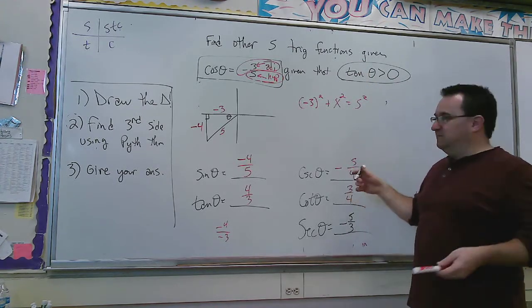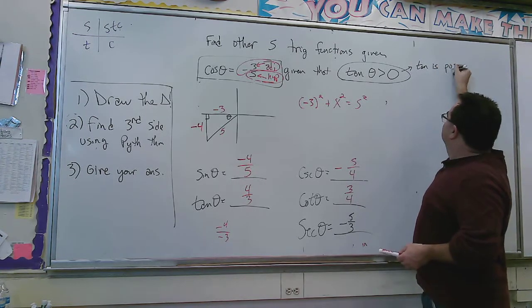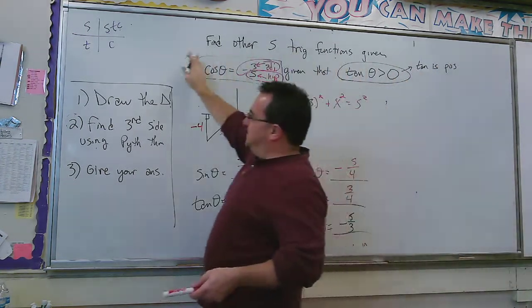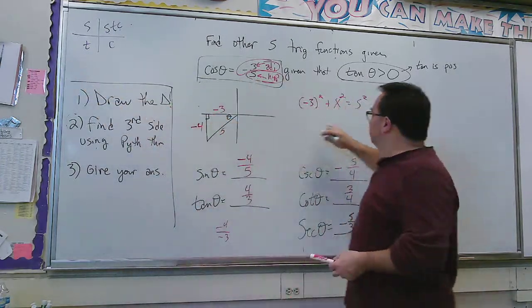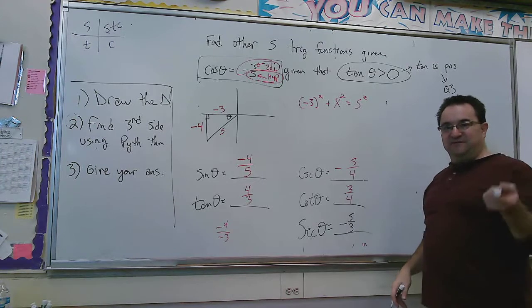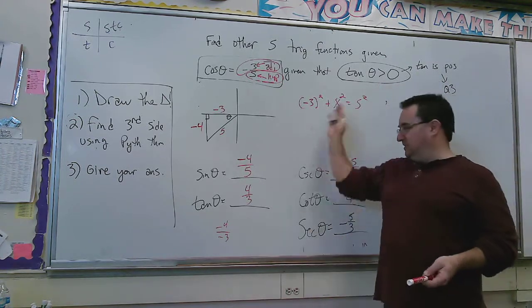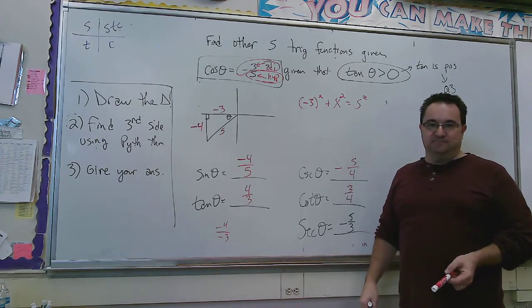Well, what does that mean? That means tangent is positive. And where is tangent positive? In quadrant 3. See, so in some of the problems, instead of them telling you it's quadrant 3, you're supposed to figure it out. And then you do the problem exactly the same.